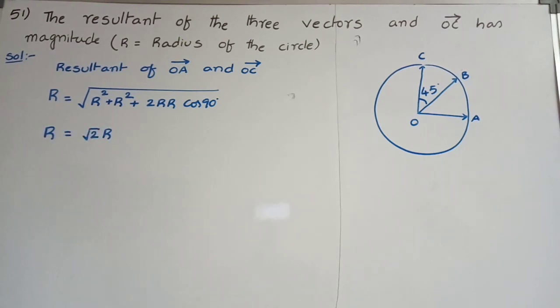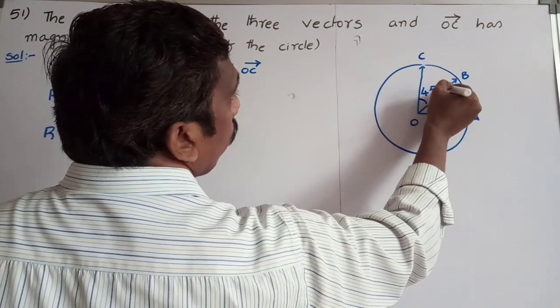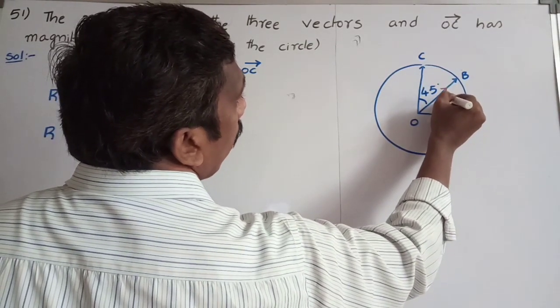But here OA and OC make an angle of 90 degrees and both are equal in magnitude. That's why the resultant of these two must make an equal angle with OA and OC. So the resultant R is acting in this direction.